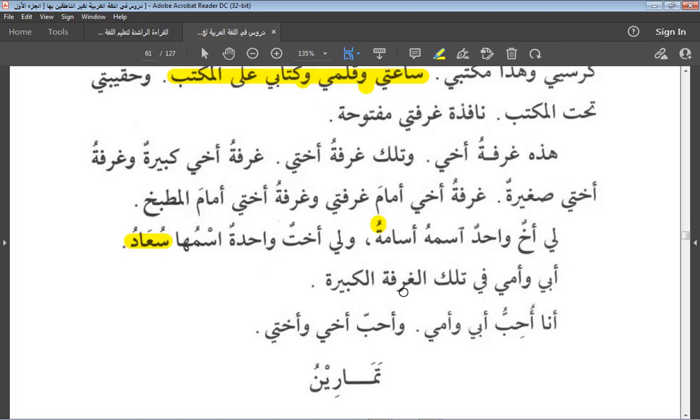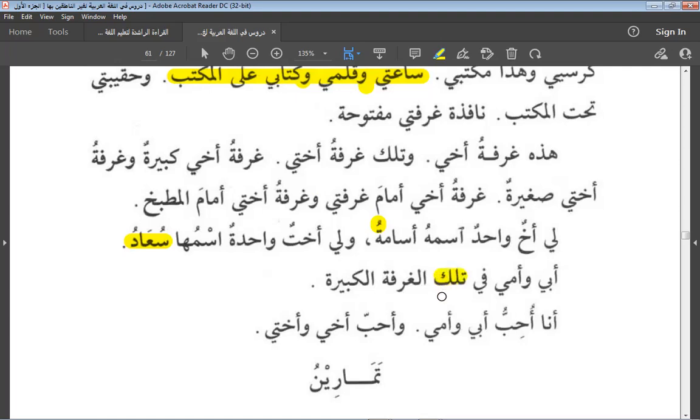I don't know if the meaning has been fetched out yet. It says he has one sister, and her name is Su'ad. Abi wa ummi fi tilka al-ghurfati al-kabira. My father and mother are in that big room. Now see the concept that we learned, that when you have this tilka, haza, this, that, I don't know if they are called the demonstrative nouns or pronouns.